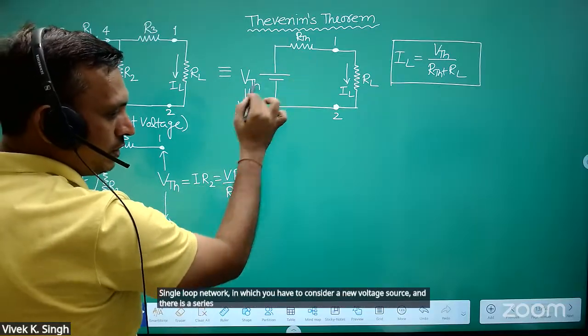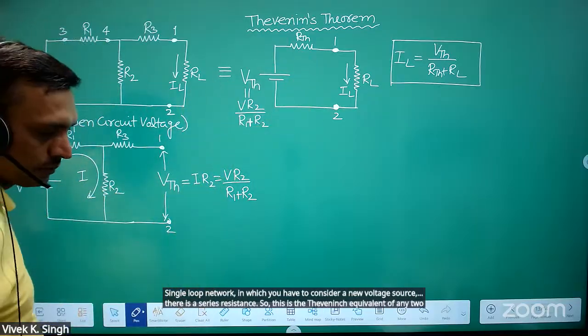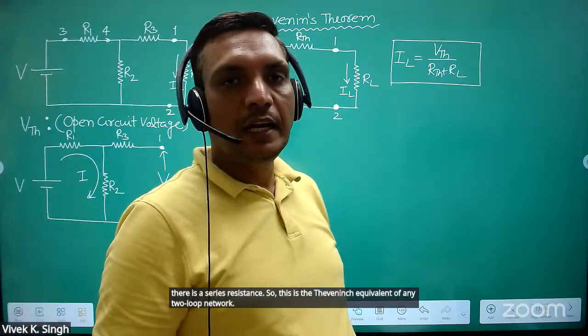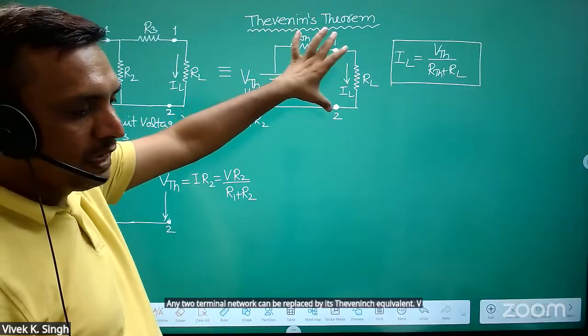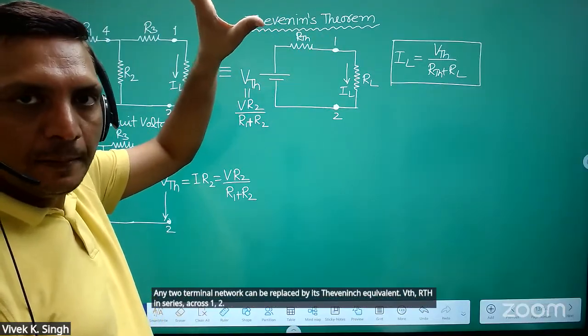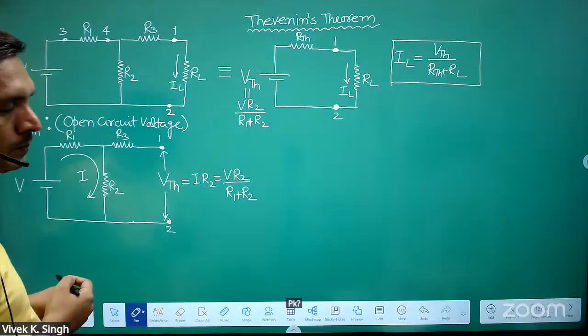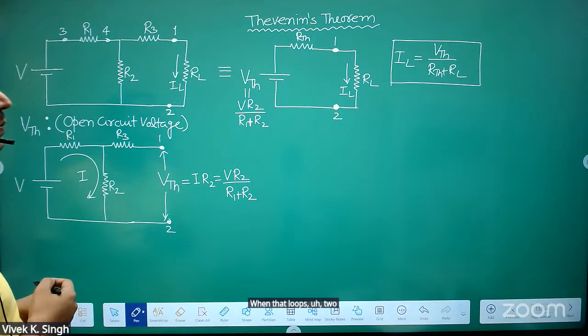So this is the Thevenin's equivalent of any two terminal network. Any two terminal network can be replaced by its Thevenin's equivalent, VTH, RTH in series across 1, 2.